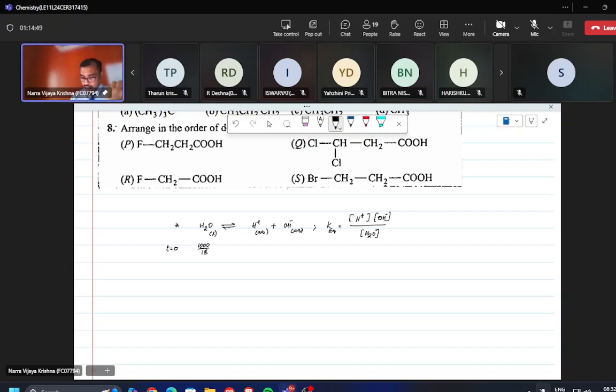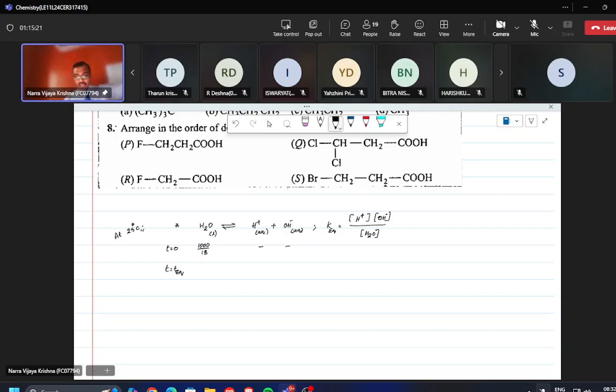According to Arrhenius, at 25 degrees centigrade, how many moles of water will ionize? 10 power minus 7 moles of water will ionize from 1 liter of water. Correct or not? According to Arrhenius, from 1 liter of water at 25 degrees centigrade, 10 power minus 7 moles of water will convert into ions.